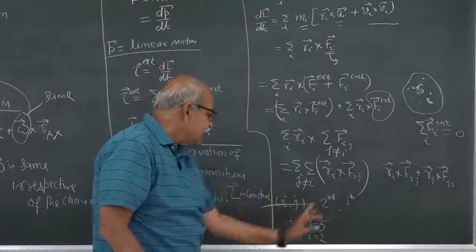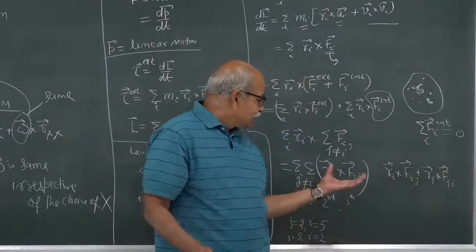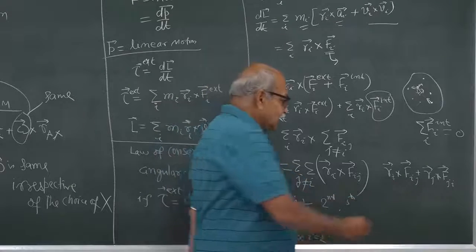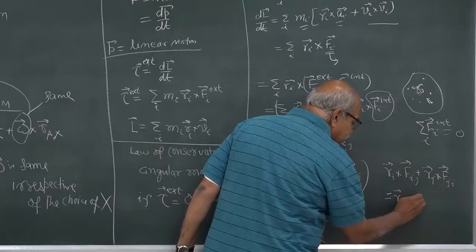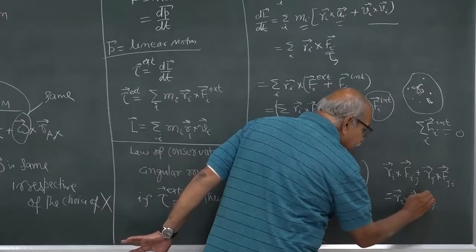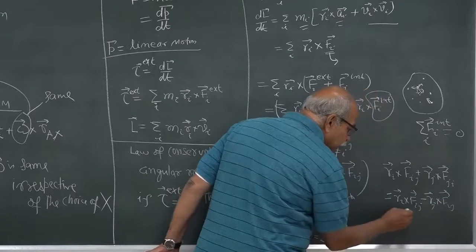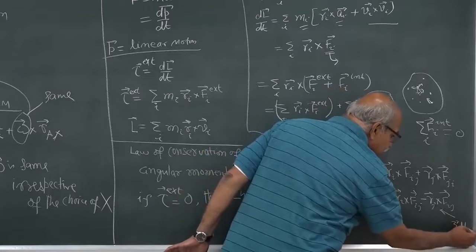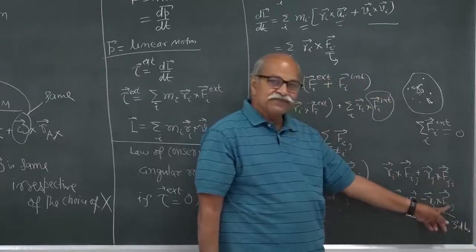So, the same i and j are interchanged. This whole sum can be written in terms of such pairs, and this pair is Ri cross Fij minus Rj cross Fij. Here I have used Newton's third law: Fji is equal to minus Fij.